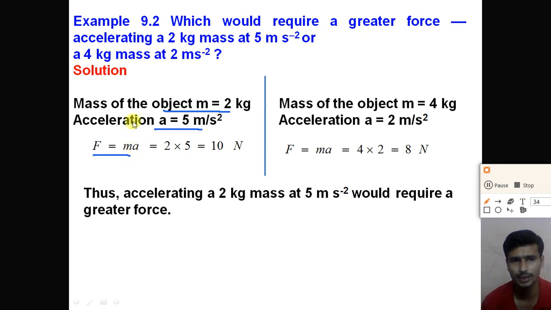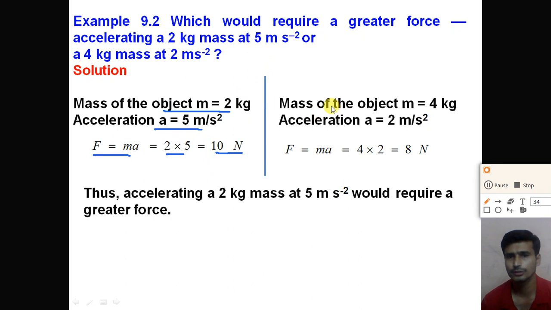Force required for an object of mass 2 kg accelerating at 5 meter per second square: F is equal to m into a. So 2 into 5, we get 10 Newton. So accelerating a 2 kg mass at 5 meter per second square, we require a force of 10 Newton.